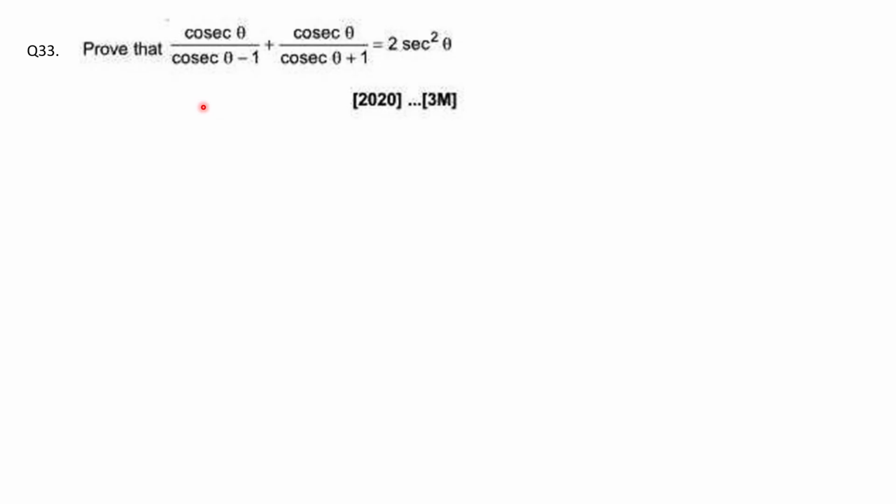Prove that cosec theta by cosec theta minus 1 plus cosec theta by cosec theta plus 1 is equal to 2 sec square theta. So take the LHS. Now take the LCM: cosec theta minus 1 into cosec theta plus 1.